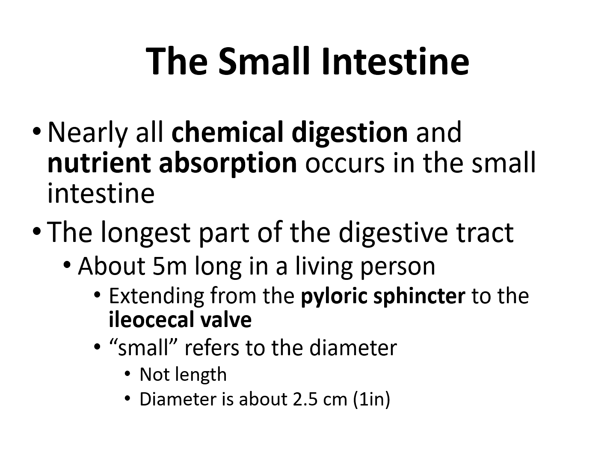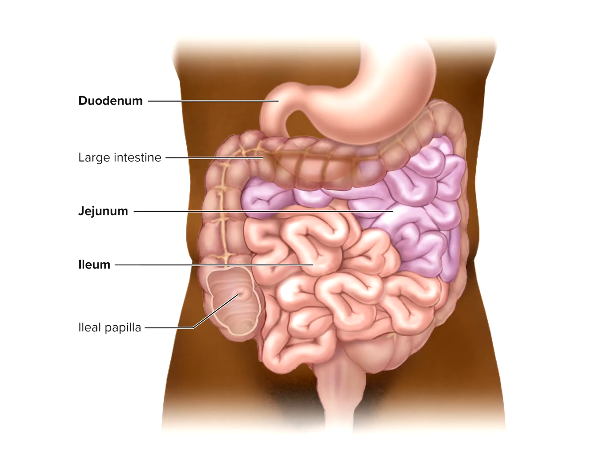And it begins at the pyloric sphincter at the very end of the stomach, all the way to the ileocecal valve that's going to open to the large intestines. And so here you can see the sections of the small intestines.